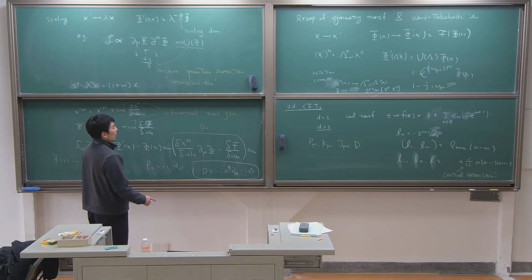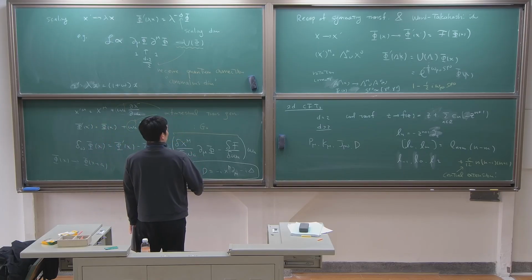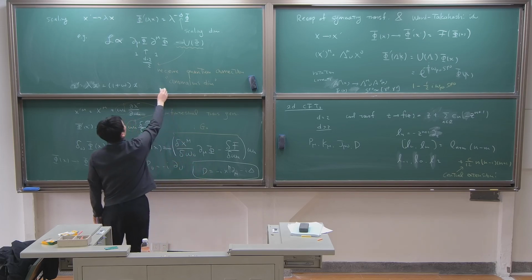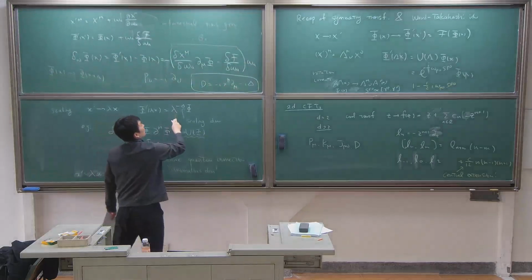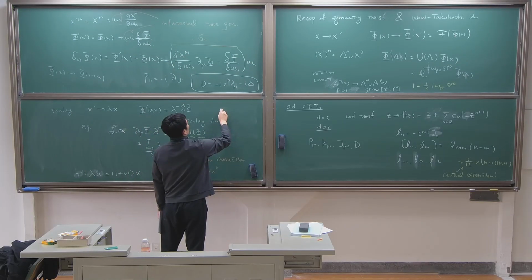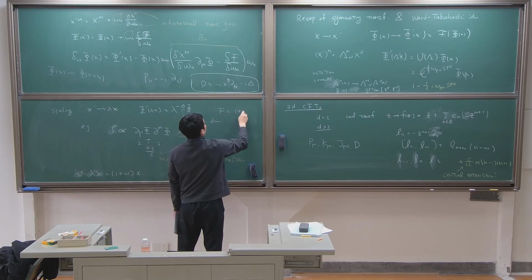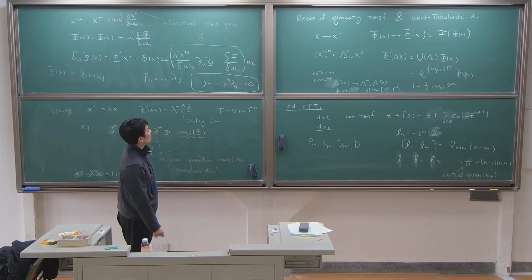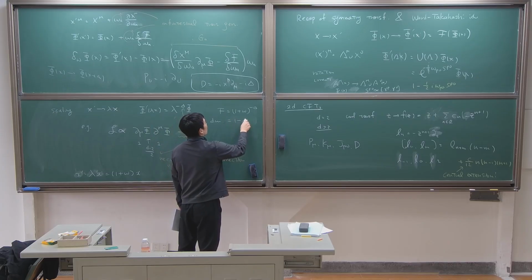As I promised, I'm very careless on signs, so you have to fill out the details. And delta is really coming from F. F is something like 1 plus omega minus delta, and if you do the Taylor expansion you just get minus delta omega.